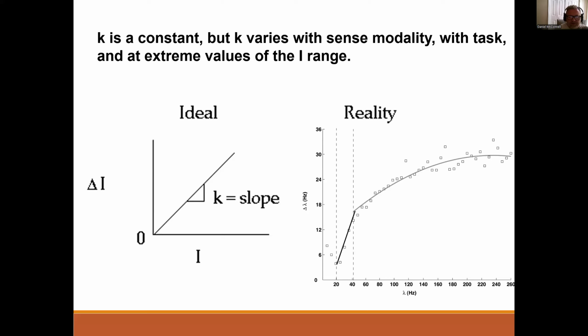So if I didn't run the complete range of stimulus values, all the way from, say, 5 hertz up to the 260 hertz at the end of the x-axis there, I might be left concluding that that really is a straight line function. And that's what that solid black line is trying to suggest here.